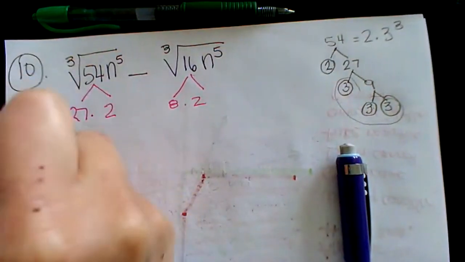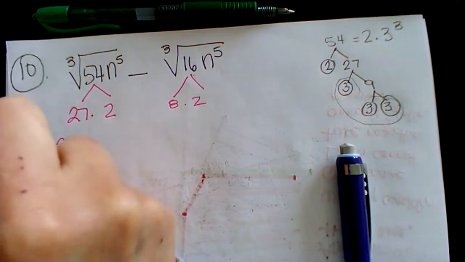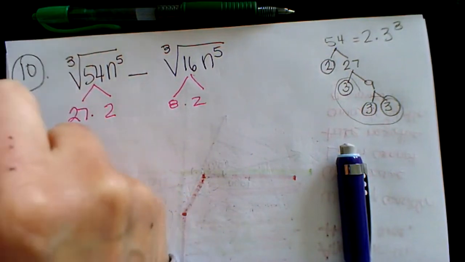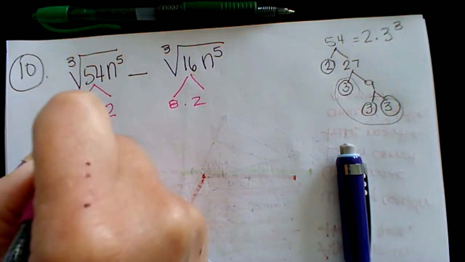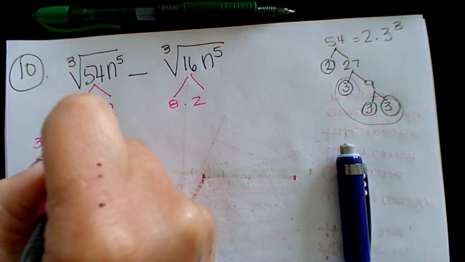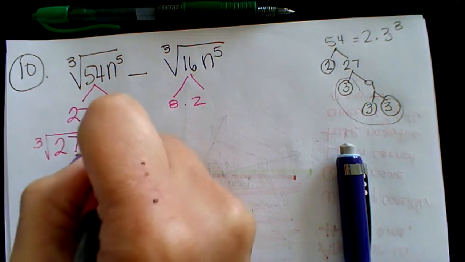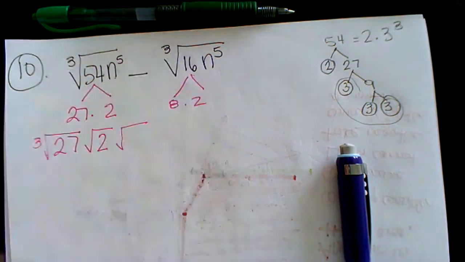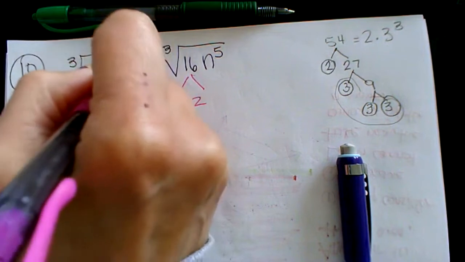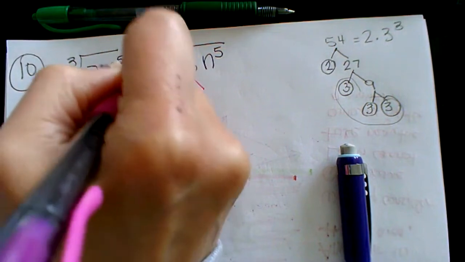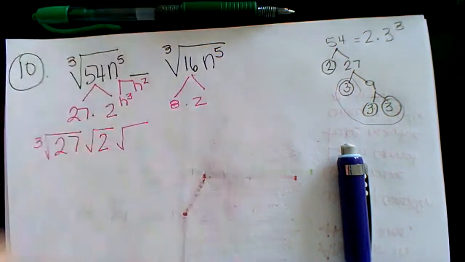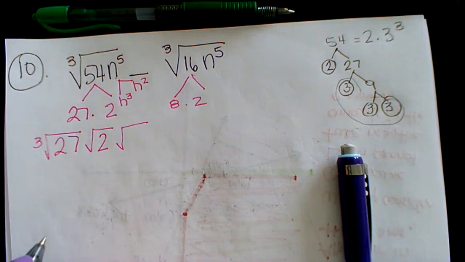So let's do it. So we have 27 cubic root times what? We're going to divide this one too, right? This is going to be n to the 3rd power, and what do we have left? N to the 2nd power.